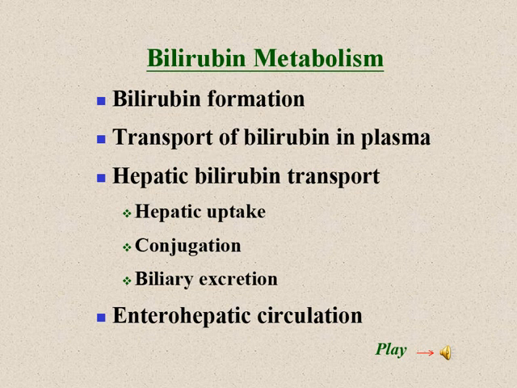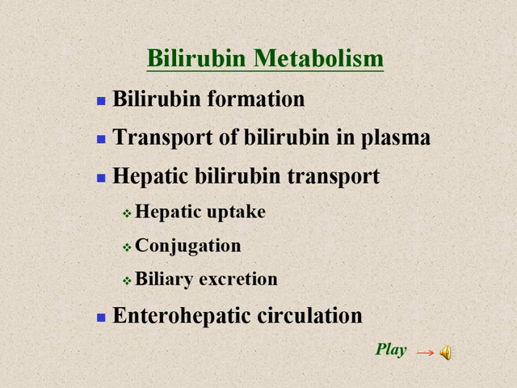This unconjugated bilirubin combines with albumin and is transported in the plasma as a bilirubin-albumin complex, and then the bilirubin enters the hepatic cell. The unconjugated bilirubin is converted to conjugated bilirubin by conjugation, with the help of the enzyme bilirubin diglucuronidase, and then the conjugated bilirubin enters the small intestine via the bile duct.